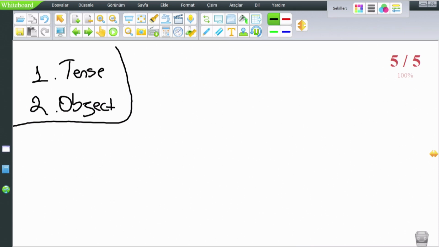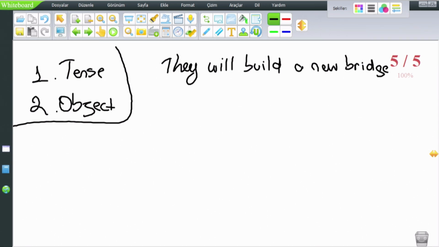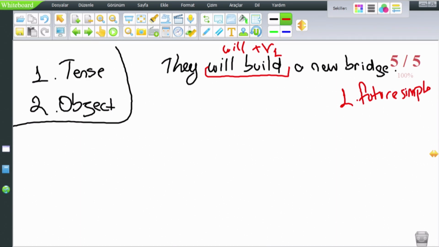Let's say, they will build a new bridge. First things first, I will look at the tense. I can see will, verb 1 in the sentence, so I understand that this is a future simple. And I will look at the object, which is a new bridge in this sentence.